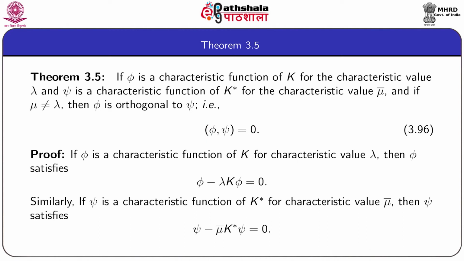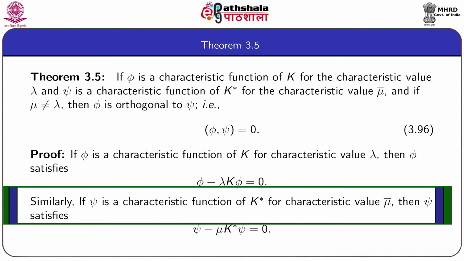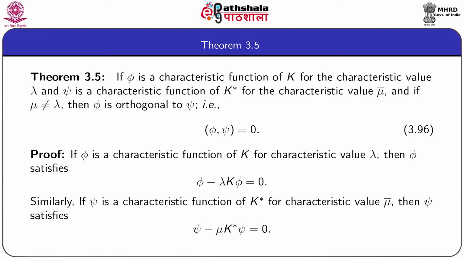For proof, we see that phi is the characteristic function of the integral operator K for characteristic value lambda. That means phi satisfies phi minus lambda K phi equal to 0. Similarly, psi is the characteristic function of the adjoint operator K star for characteristic value mu bar. Then psi satisfies psi minus mu bar K star psi equal to 0.